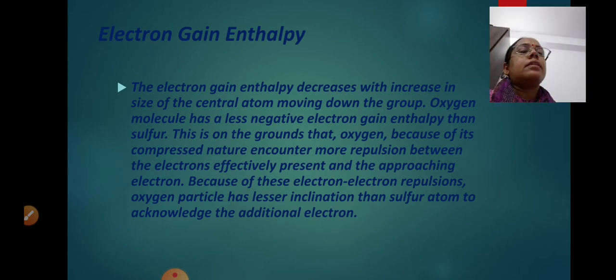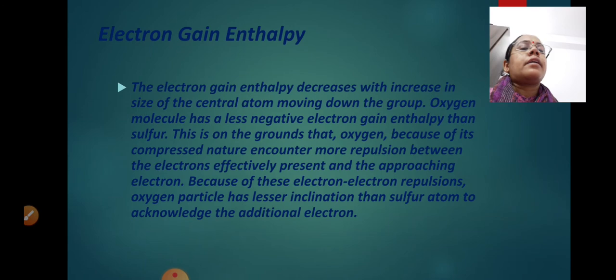This is in the ground state. Oxygen, because of its compact nature, encounters more repulsion between the electrons already present and the approaching electron. Because of these electron repulsions, oxygen has less inclination than sulfur to accept the additional electron. What is electron gain enthalpy, and how is it changing in group 16?